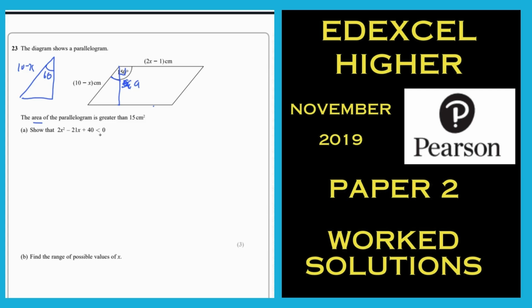That means we should be starting off with a bit of CAH. I want the adjacent. I need to do cos of my angle times the hypotenuse. Right. Cos of my angle of 60 times by my hypotenuse.